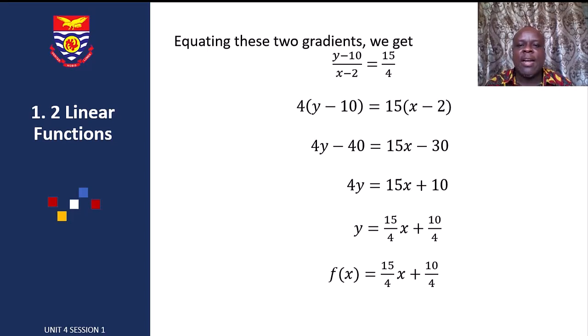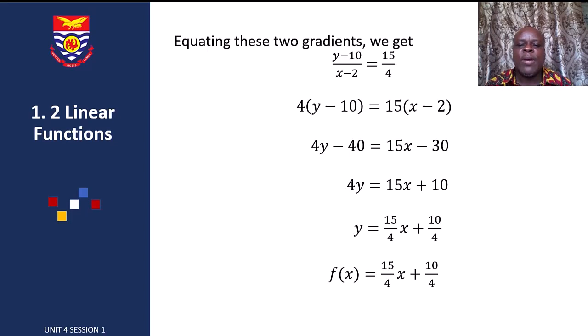And then we also use 15 to open the bracket at the right hand side. We have 15x minus 30. Then we'll move the 40 to the right hand side. So we have 4y is equal to 15x minus 30 plus 40. And when we simplify, we get 4y is equal to 15x plus 10.